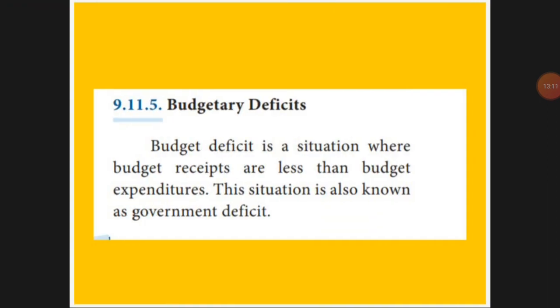Next, budgetary deficit. Budgetary deficit means the budget has already been launched. After the launch of a budget, if the receipts are less than the expenditure, that means the expected income is less, but expenditure keeps on increasing. That is called a deficit. If income and expenditure are not equal, it will be called a deficit budget.